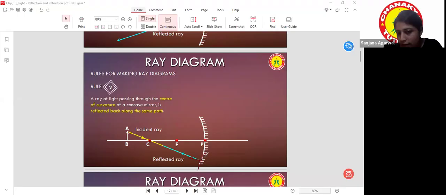If I take a tangent here and draw a perpendicular line, this is making a 0-degree incident angle. As per the law of reflection, the angle of reflection will also be 0-degree, and that's why any ray passing through the center of curvature will be reflected back along the same path.